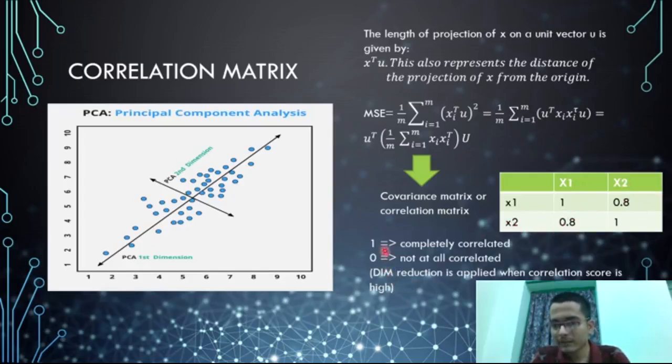If the correlation score is 1, it is completely correlated. 0 means not at all correlated. So dimension reduction is applied when the correlation score is high. First the machine will calculate the correlation score. If it is high, then it will decide whether to apply dimensionality reduction or not.